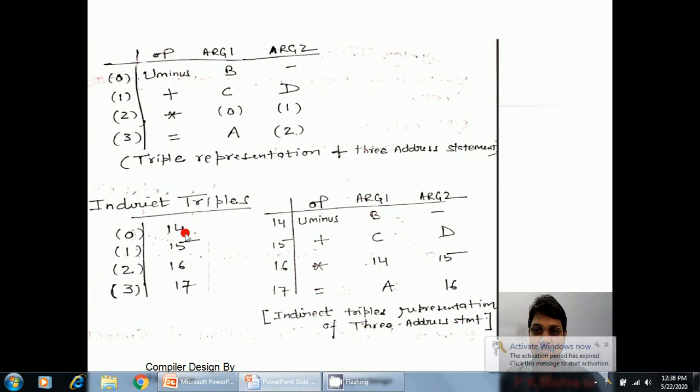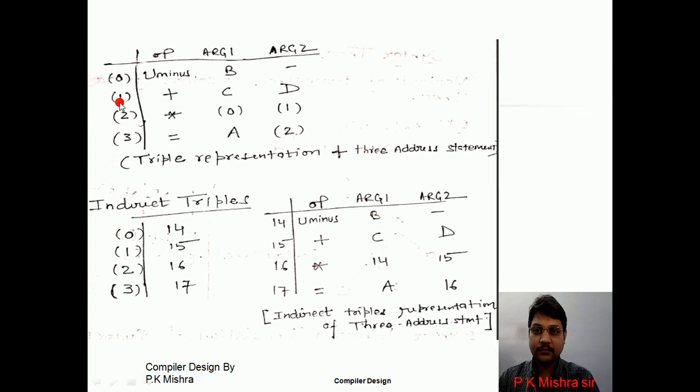Now in place of 0, 1, 2, 3 write 14, 15, 16, 17, and similarly replace 0 by 14 and 1 by 15. Remaining things are the same. This is the indirect triples representation for three address code. Okay, this is all about three address code, quadruples, triples and indirect triples representation of the given expression. Okay, thank you.